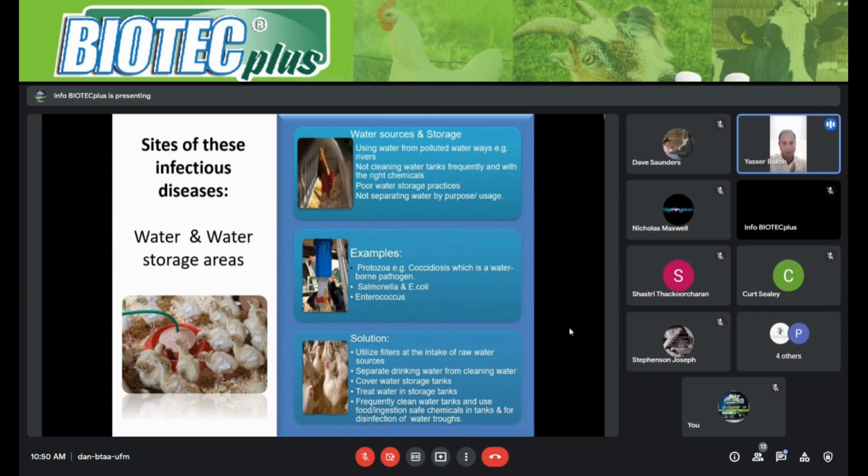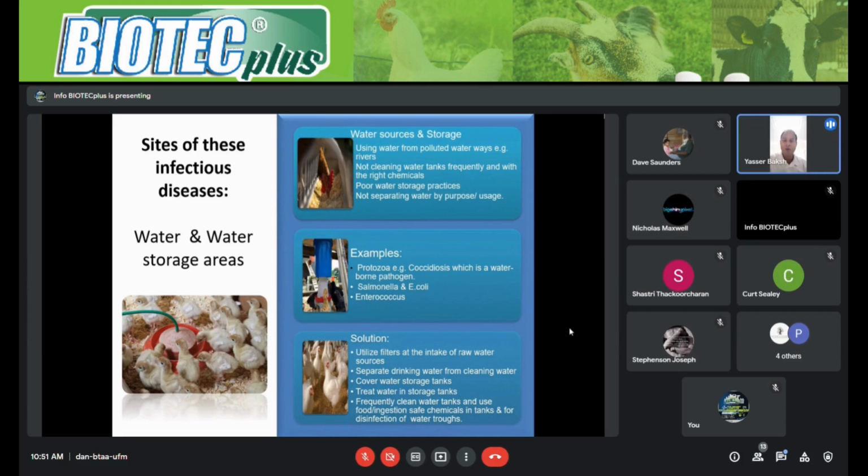We get water, and it goes into our tough tanks, those big tanks that we have outside. How often do you treat your water tanks with a form of disinfectant or even a basic clean out? How often do you do that? Not often at all, if ever.